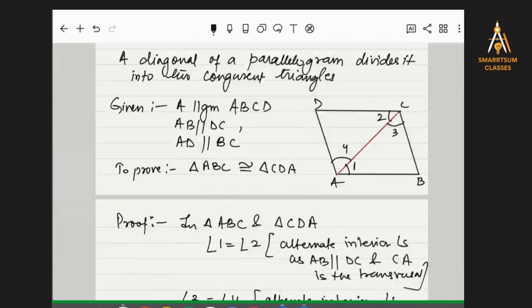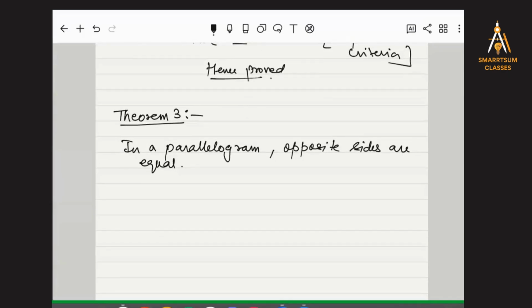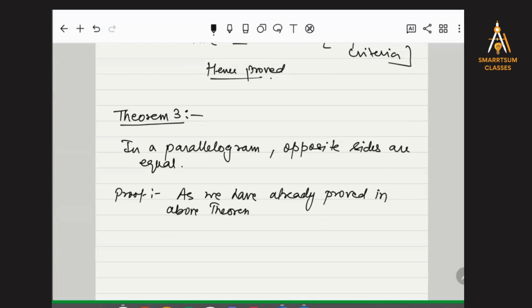So in continuation of this, write down, as we have already proved, in above theorem 2, that triangle ABC is congruent to triangle CDA, right?